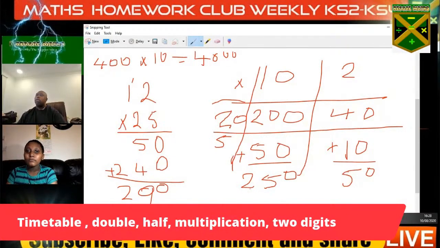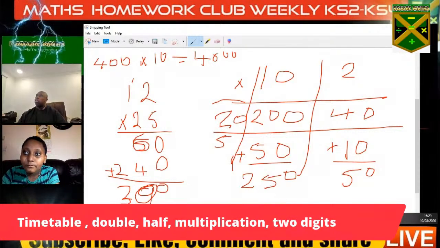Right. Now, this is supposed to be 60. Sorry, I've missed the one out. So by doing it twice, you can see here this is supposed to be 300.